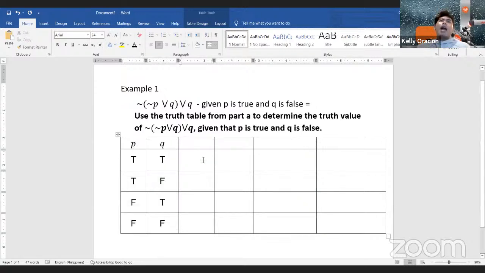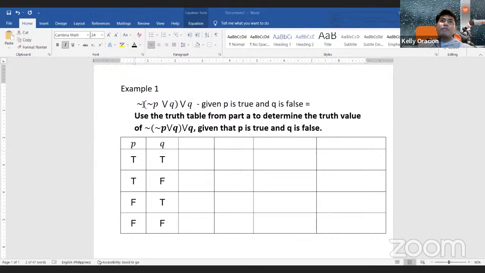Now, I want to ask you first, sino ang una nating i-solve? Based on this given, sino yung una nating i-manipulate? Okay, very good, Shen, no? That's correct, Shen.